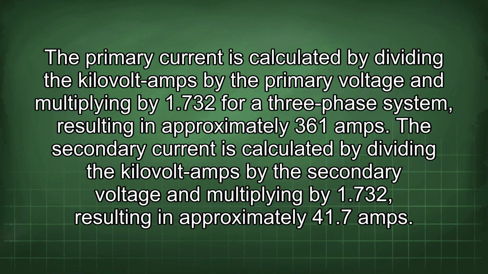The primary current is calculated by dividing the kilovolt amps by the primary voltage and multiplying by 1.732 for a three-phase system, resulting in approximately 361 amps. The secondary current is calculated by dividing the kilovolt amps by the secondary voltage and multiplying by 1.732, resulting in approximately 41.7 amps.